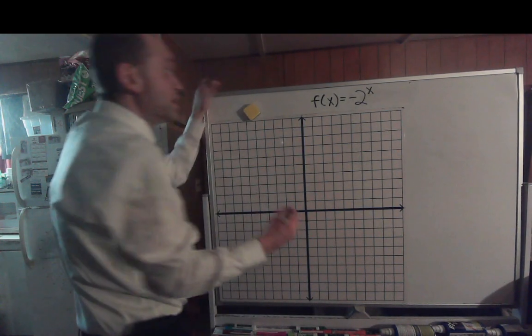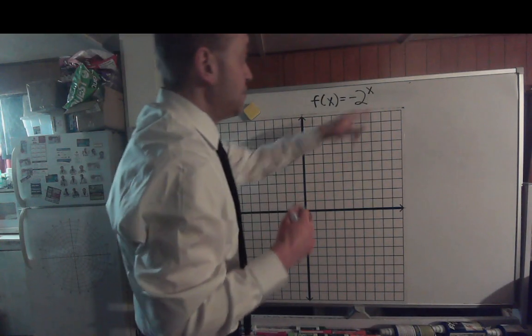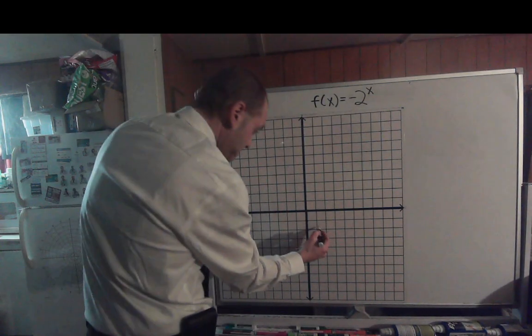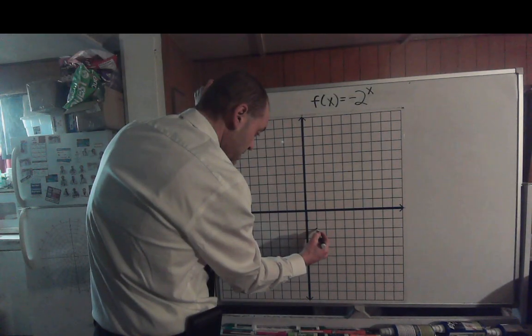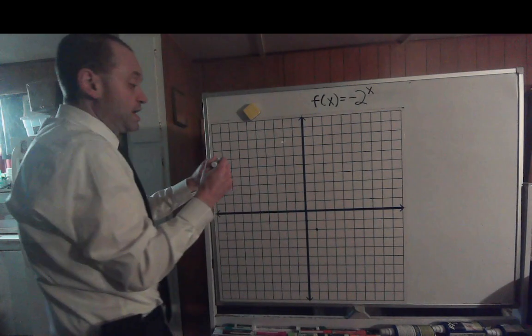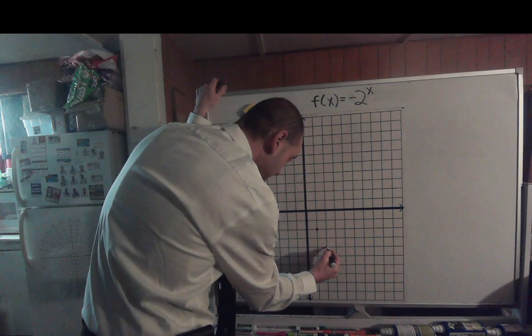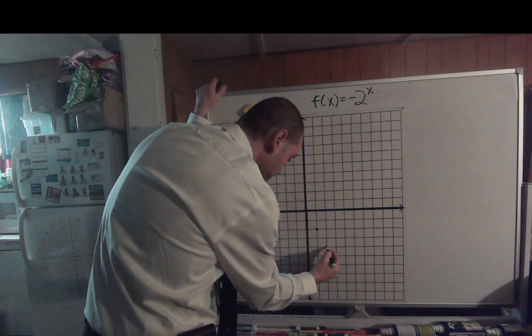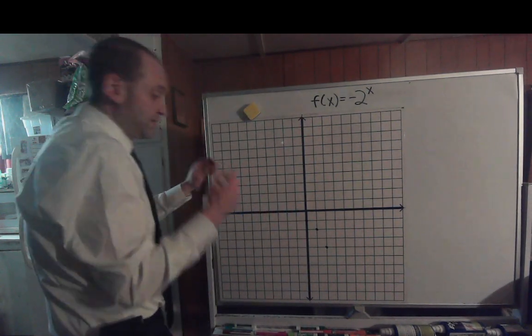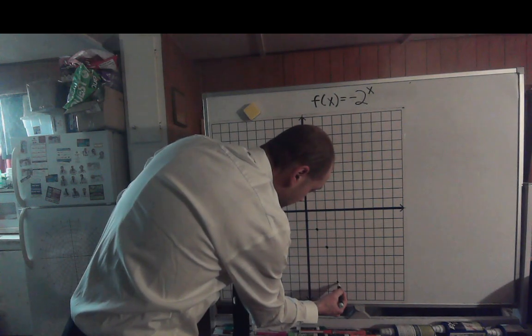All right, let's put in 1 for x, so that would give you negative 2. Let's put in 2 for x, that would end up giving you negative 4. Let's put in 3 for x, that would give you negative 8.